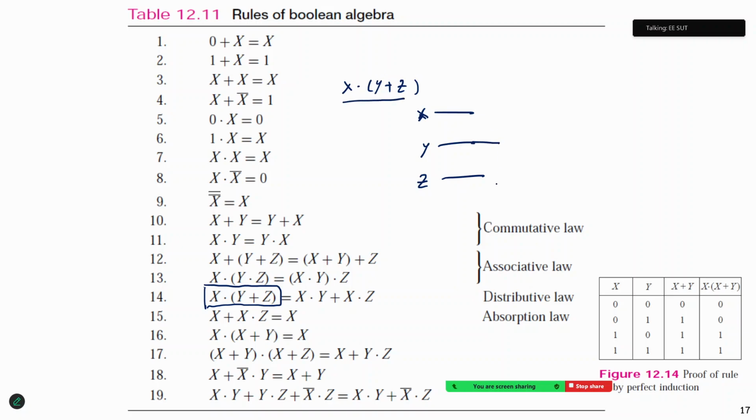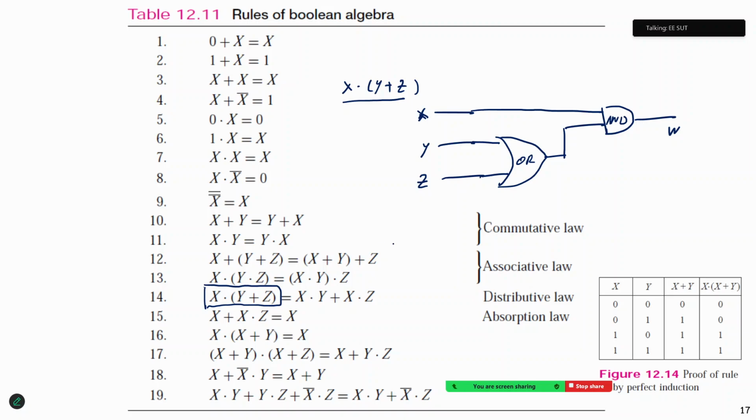So first, Y or C first, right? This is Y or C, and this comes to AND with X signal, right? This is OR and this is AND, right? And we get the output. Okay, maybe W, yeah. X, Y, Z, W.